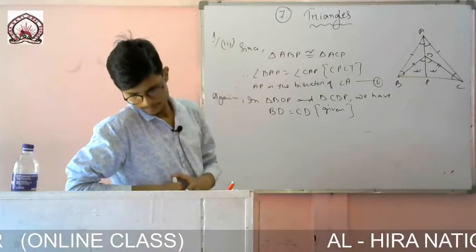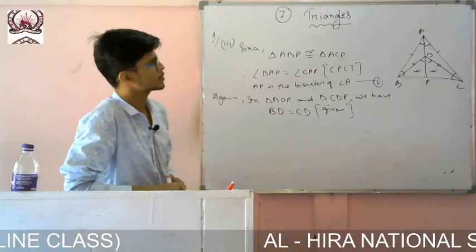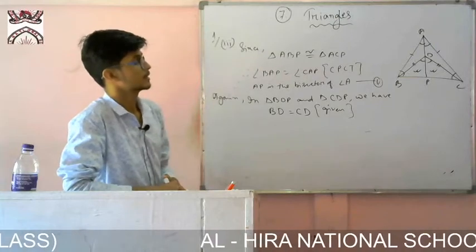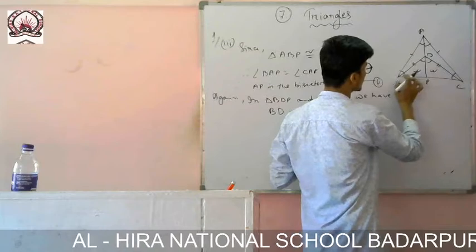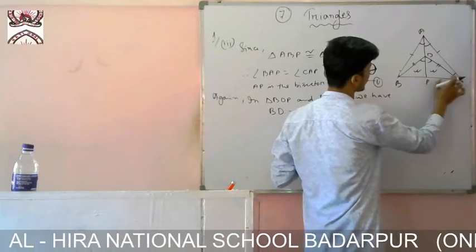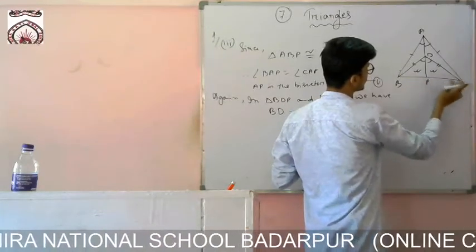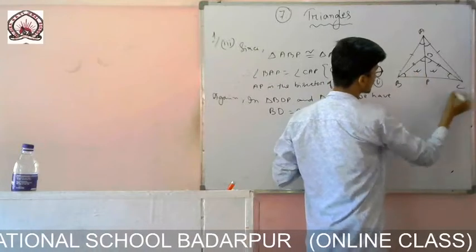Then we know that angles opposite to equal sides are equal. That means if these two sides are equal, then this angle and this angle will be equal.